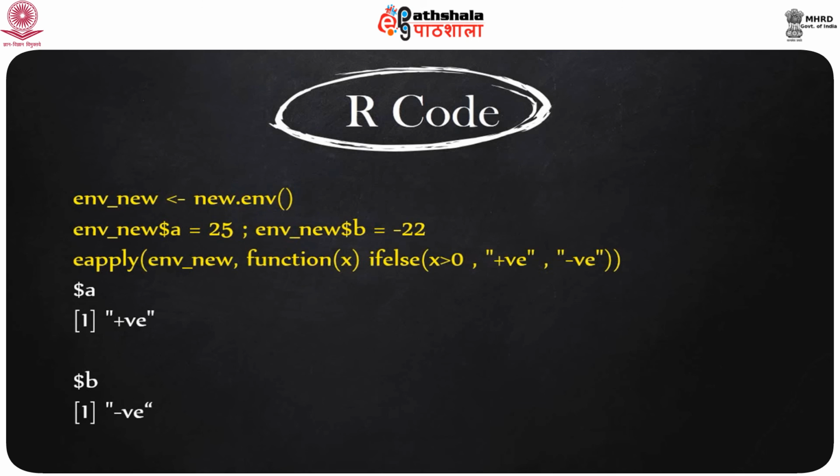So, as you have seen in this module, we had some primary discussion about how loops can be replaced through functionals. Here we used functionals like lapply, sapply, vapply and eApply, which are basically higher order functionals.